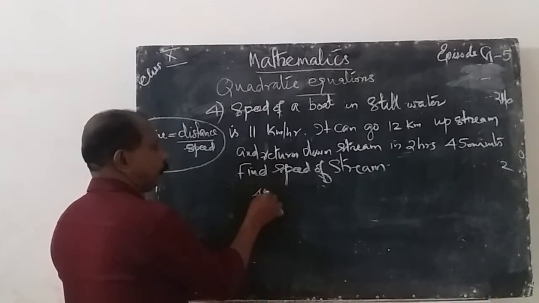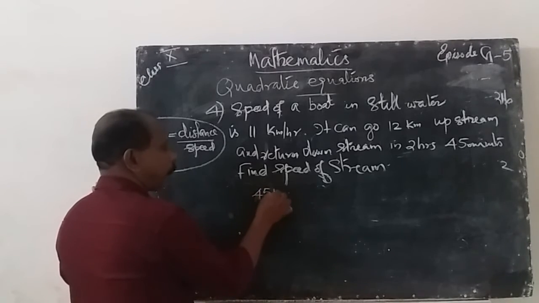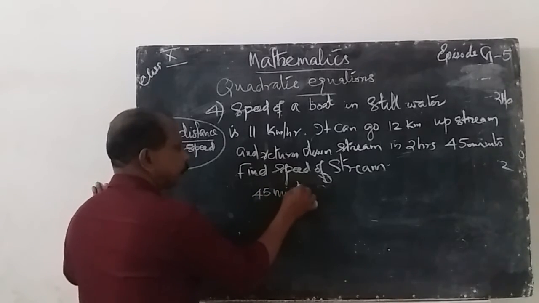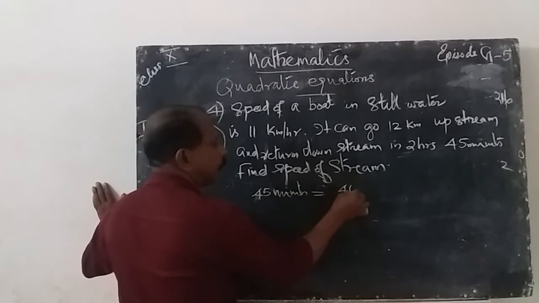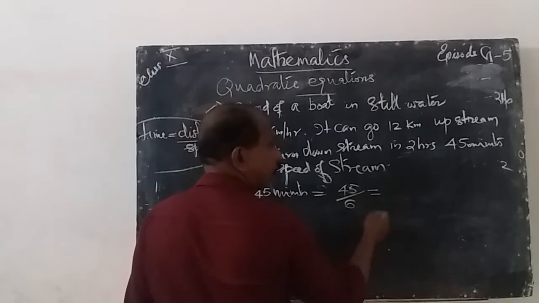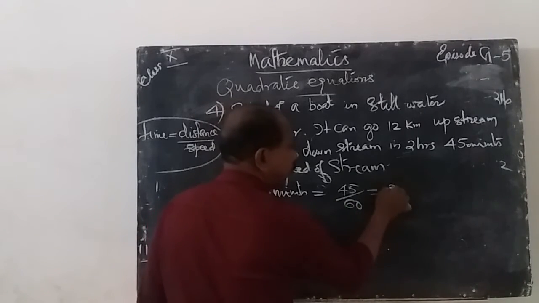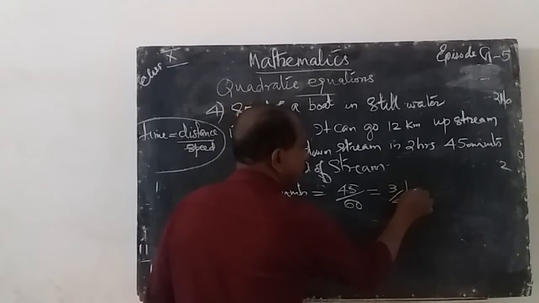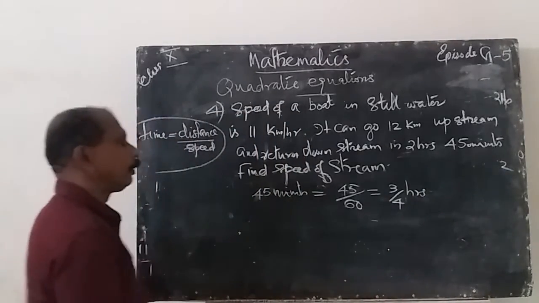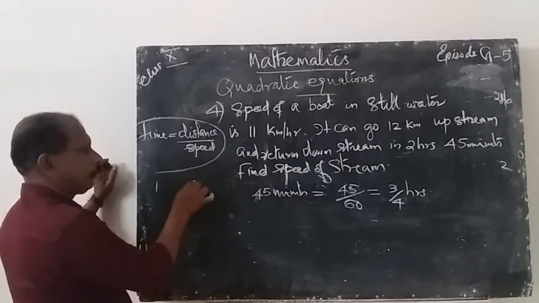That is 45 minutes is equal to 45 by 60, equal to, that is divided by 15, that is 3 by 4. It is 3 by 4 hours. That is the answer.